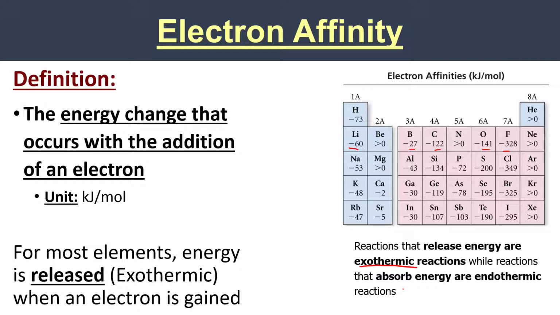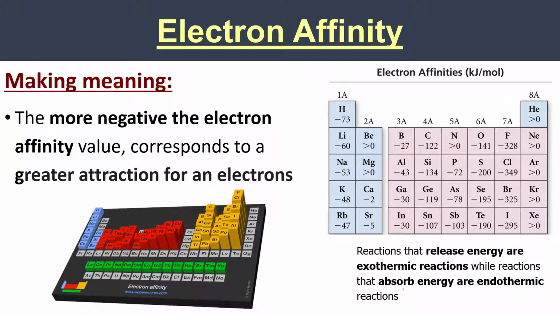So what does the value of an electron affinity tell us? Well, the more negative the electron affinity value, that corresponds to a greater attraction for electrons for one of those atoms. This means now that we have the ability to quantify, based on releases and absorptions of energy, how likely something is to gain an electron.